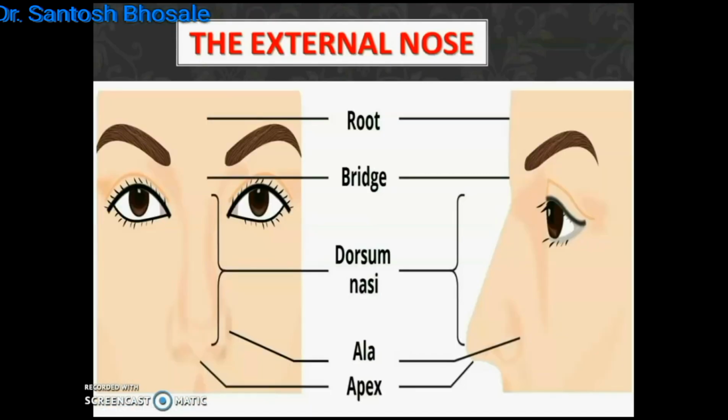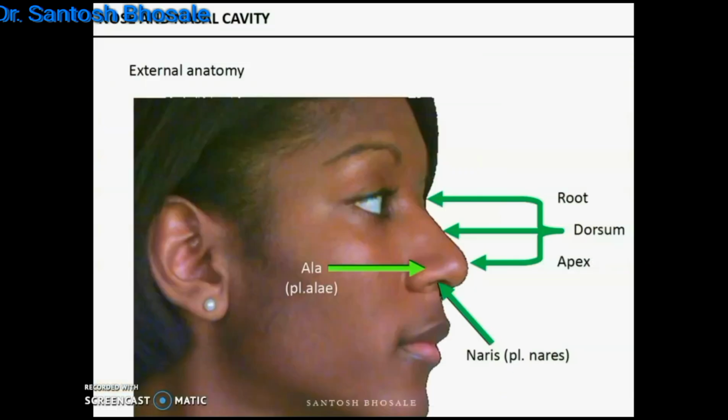You can see the different parts there. The root, the part of the external nose where it meets the forehead, and the bridge, that is the dorsum nasi on either side, and you can see the inferior aperture, the nares. You can see the root, the dorsum, the bridge, and the tip or apex and ala of the nose guarding the anterior nares or nostrils.